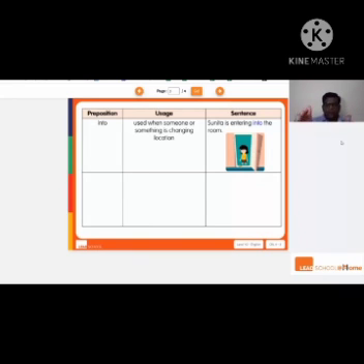In the image, the girl is entering. She has not yet entered completely. So what kind of sentence can we frame with this? Sunita is entering into the classroom. Done? Now let's look at the next one.